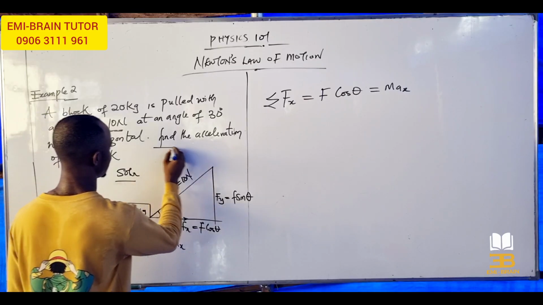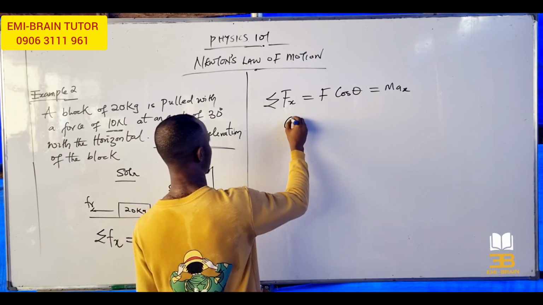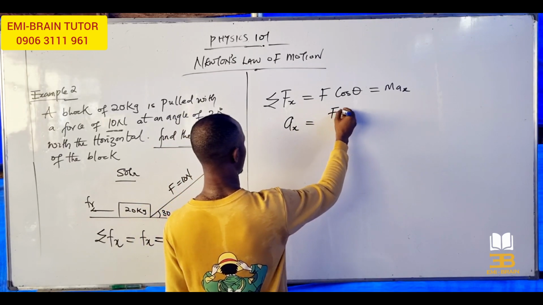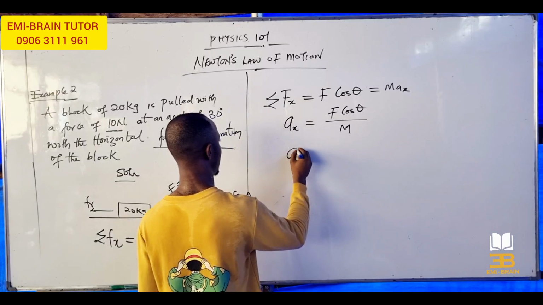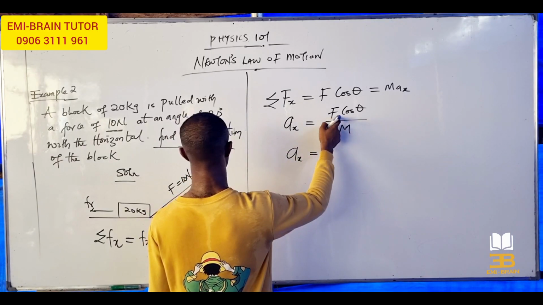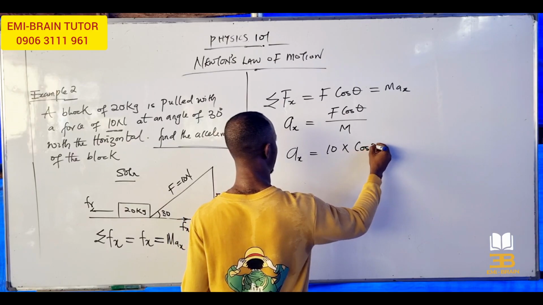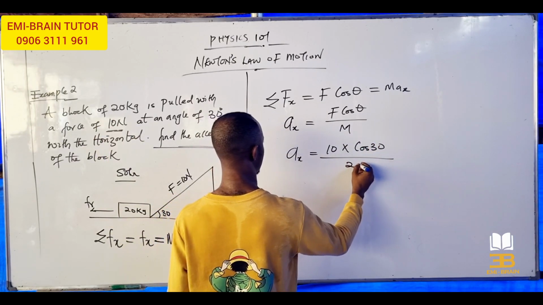But we have to find the acceleration of the block. So I will make ax the subject of the formula, so ax equals F cos theta divided by mass. So my ax becomes 10 times cos 30 divided by the mass of the body, which is given as 20.